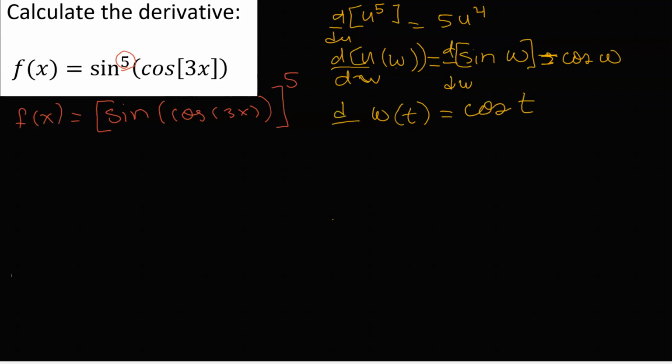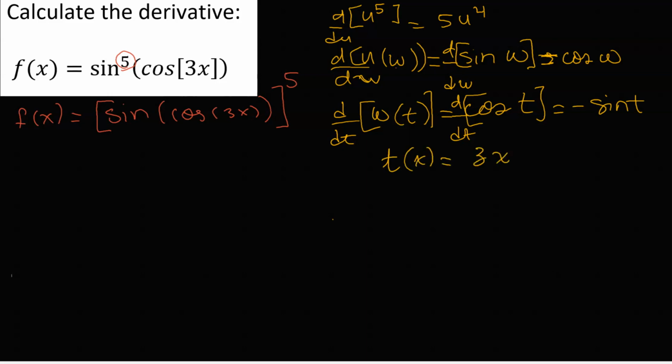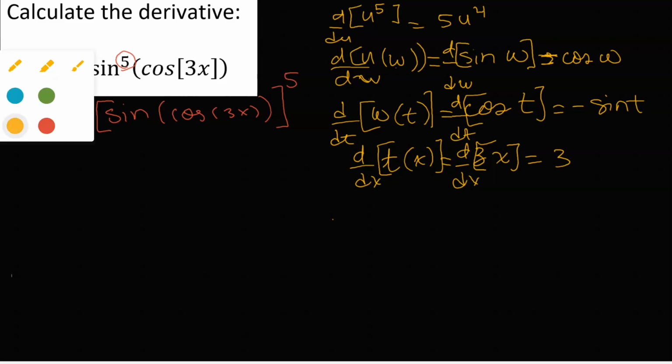And so then the derivative of that is the derivative of cosine, which is negative sine of t. And then you have t as a function of x, and that would be 3x. So then the derivative of that with respect to x is 3. Okay, so you would have to say there's a chain rule.